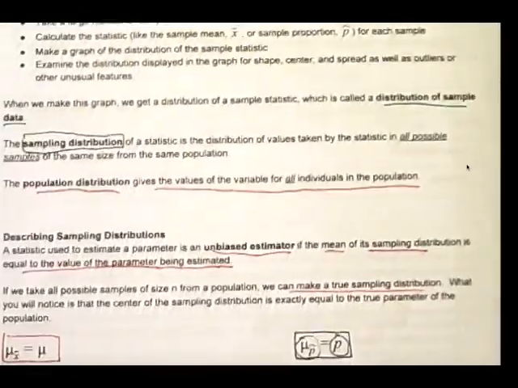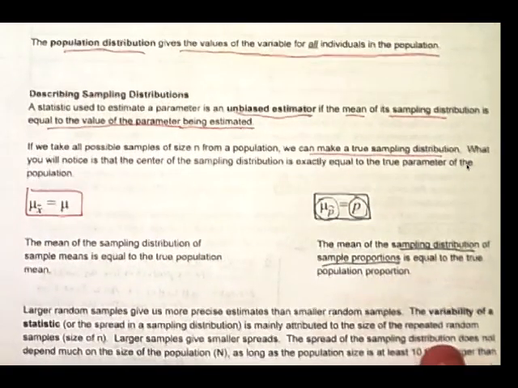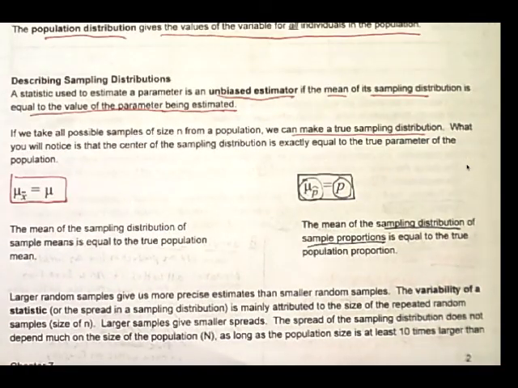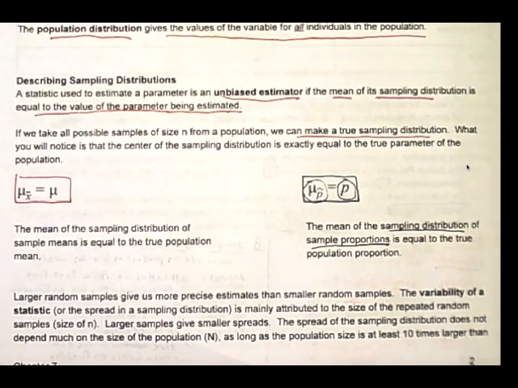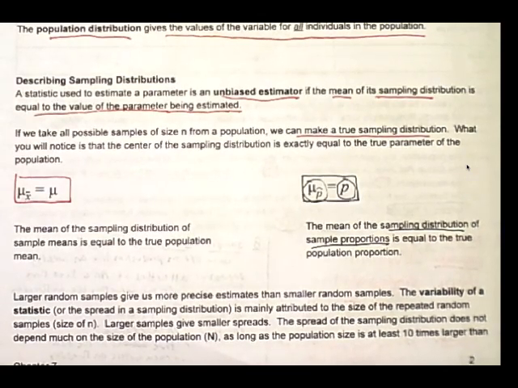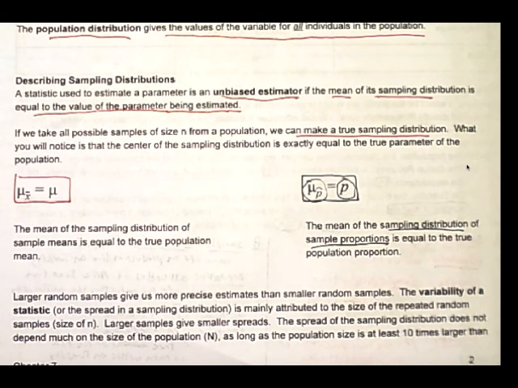So hopefully that made some sense. Now, the bottom of this sheet says, larger random samples give us more precise estimates than smaller random samples. The variability of a statistic, or the spread in a sampling distribution, is mainly attributed to the size of the repeated random samples, with size of lowercase n.